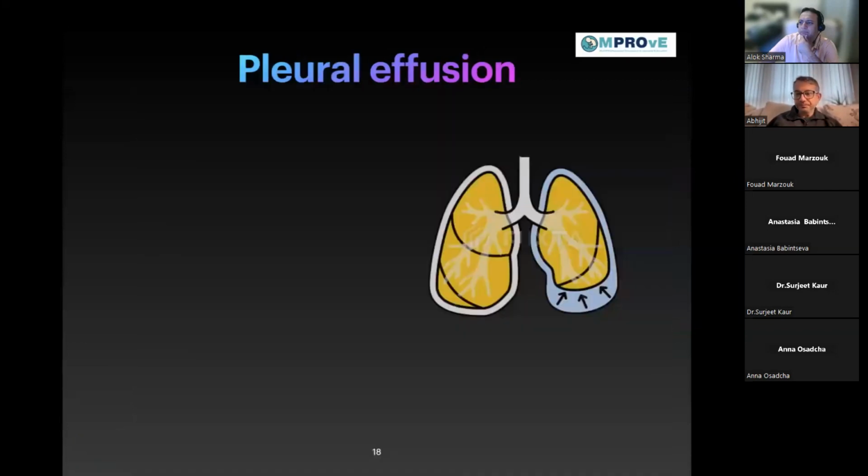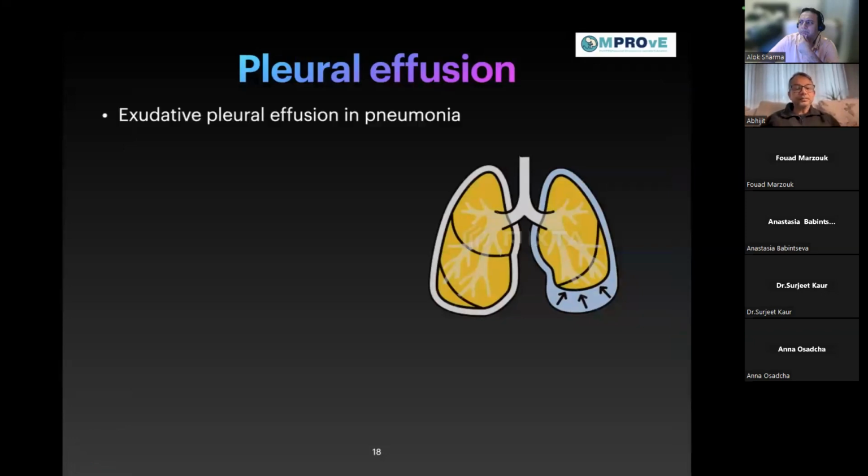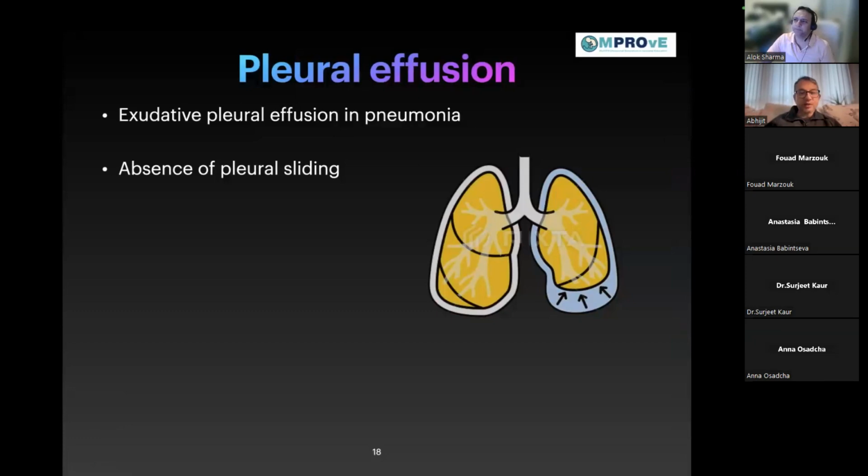Moving on. The next sign is the pleural effusion. So in pneumonia, you can have parapneumonic effusions: viral, transudative; bacterial, exudative. So what happens with an exudative pleural effusion in pneumonia? There will be absence of pleural sliding. Again, very logically, if you go step by step: absence of pleural sliding.